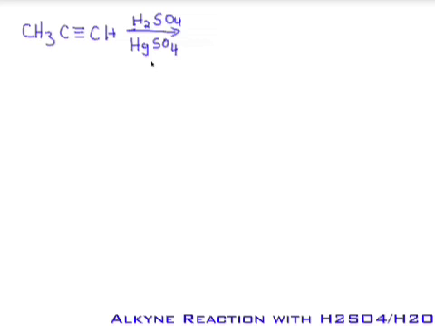Well, as you might expect, we actually get Markovnikov addition. H plus adds to the carbon with the most hydrogens, in this case the carbon of the triple bond.